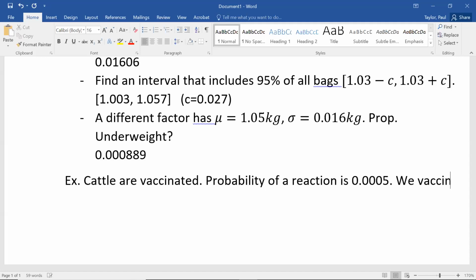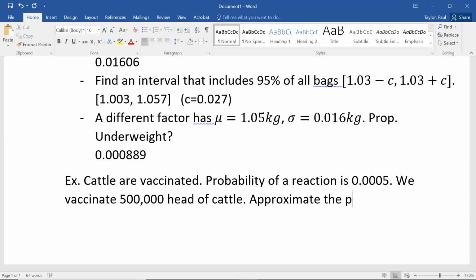We vaccinate 500,000 head of cattle. Some of them are going to have a reaction. So let's approximate the probability that less than 280 have a reaction.